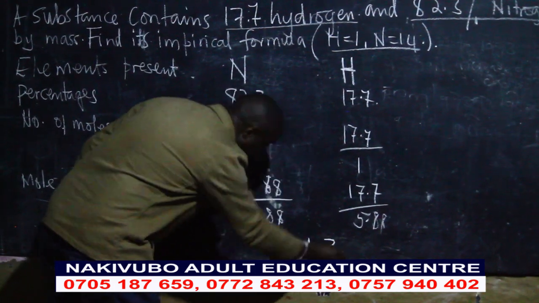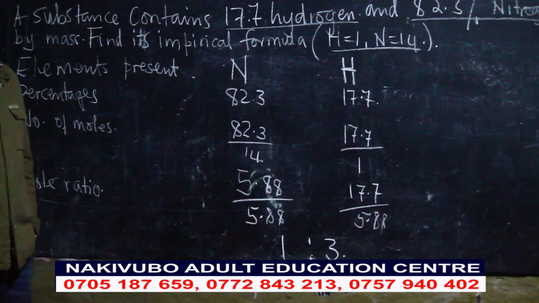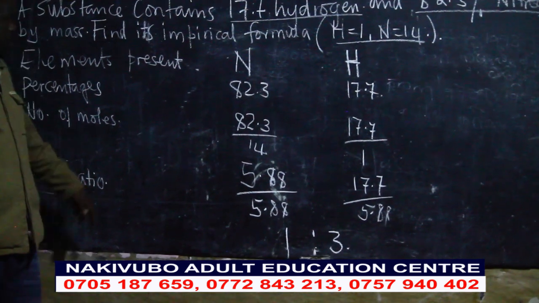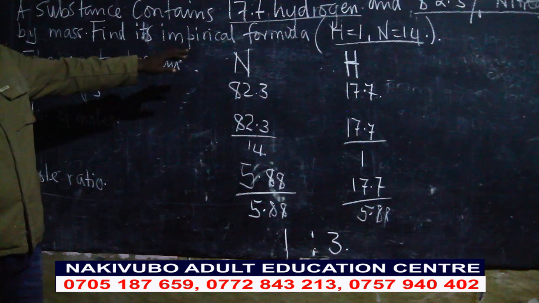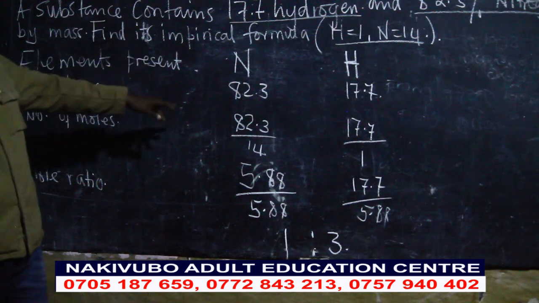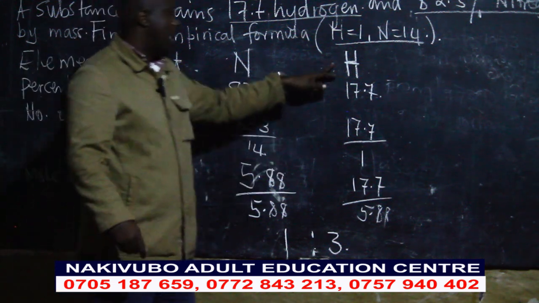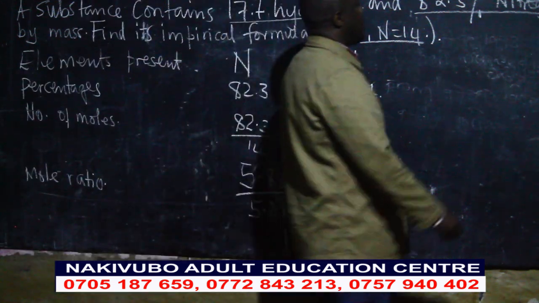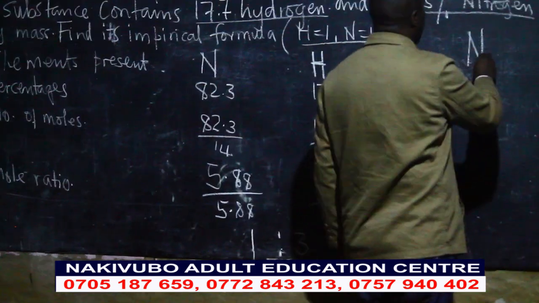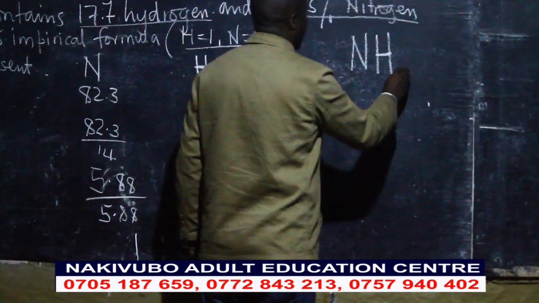You round off to 3. Are we together? So the empirical formula is in such a way that nitrogen 1, hydrogen 3. So we can write that formula as NH3.